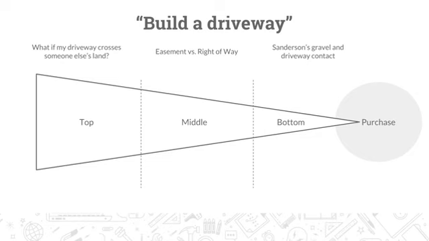And then in the bottom of the funnel, that's where we're deciding whether we're going to build this driveway ourselves or hire somebody else to build it for us. In this case, you can see an example at the top that says, Sanderson's gravel and driveway contact. This is a query that I'm running to find a particular business by name, and I'm looking to contact them. I'm very close to actually making that purchase and making a decision.